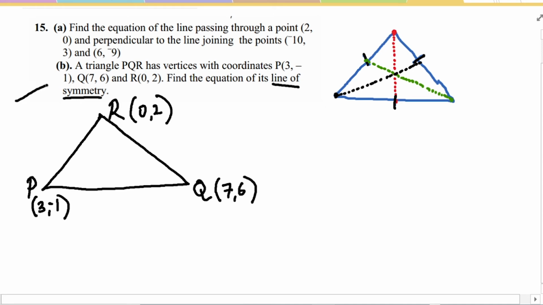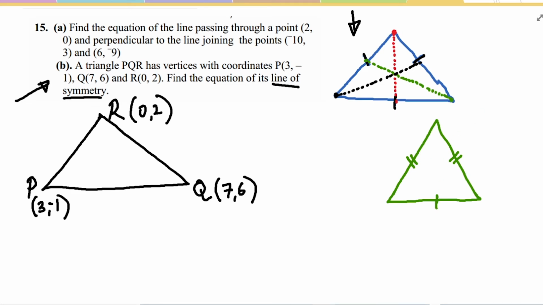Now, according to our question here, we do not know if all the sides, if PR and RQ and QP are the same. Now, this is as far as it goes for an equilateral triangle. Then we also have triangles that are like this. They are called isosceles triangles. In isosceles triangles, only 2 sides are the same, and then this one is not the same. And for such triangles, they only have 1 line of symmetry.